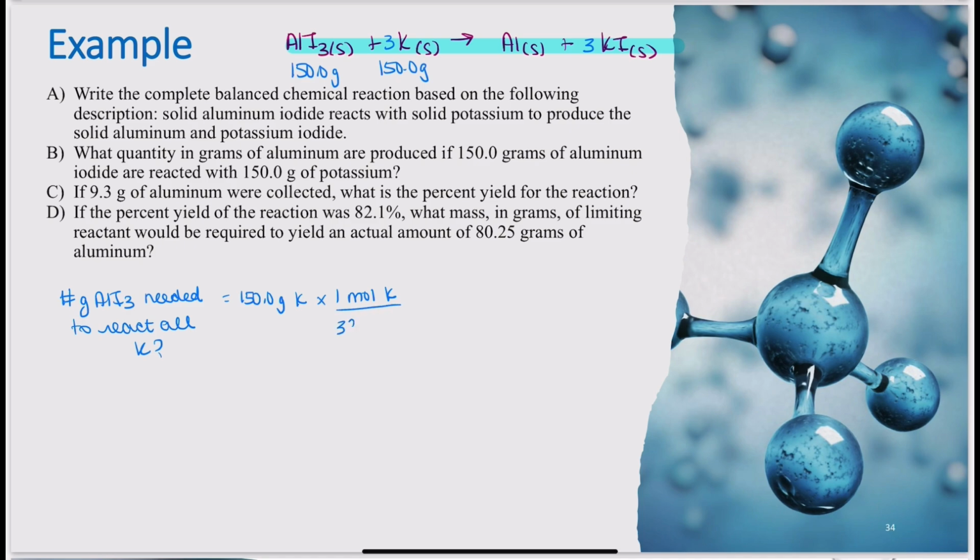1 mole of potassium weighs 39.01 grams. Again, I get that straight from the periodic table. I look at the balanced reaction, and I see that 1 mole of aluminum iodide reacts with 3 moles of potassium.